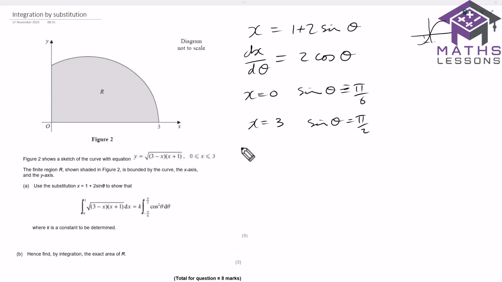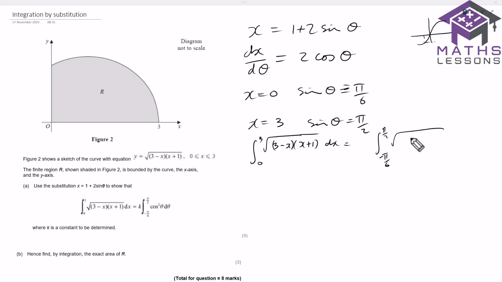Now let's put all the substitution in. So that means that the integral from 0 to 3 of the square root of 3 minus x, open brackets x plus 1, dx will equal, let's put the substitution in. We've got the limits minus pi by 6 and pi by 2, and they're given to us anyway, so it's quite easy to just do that.